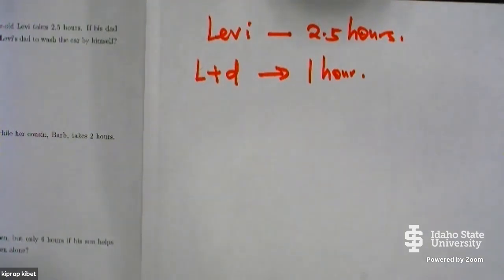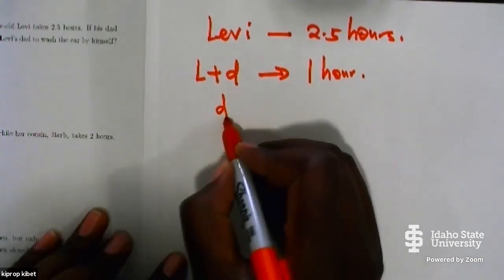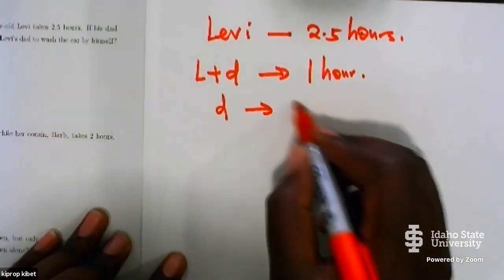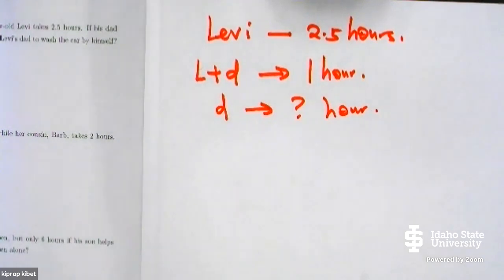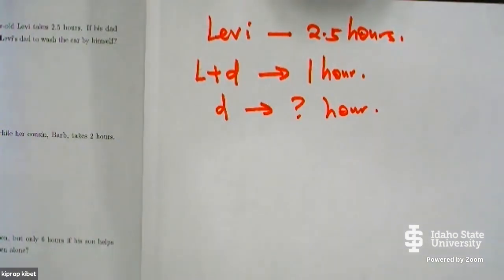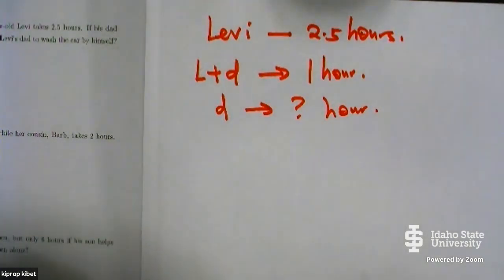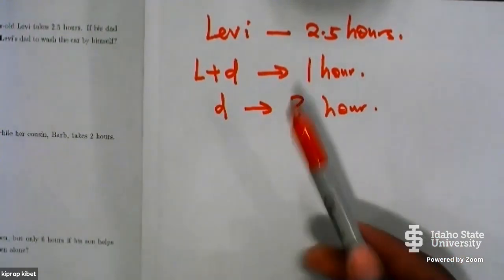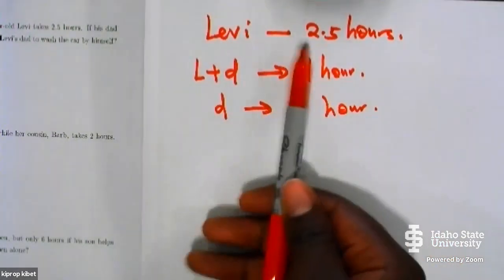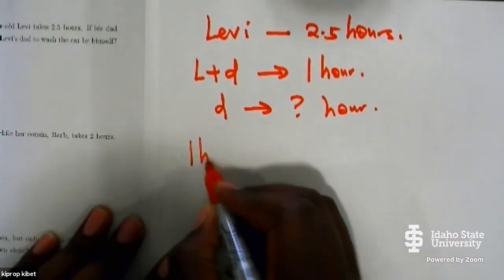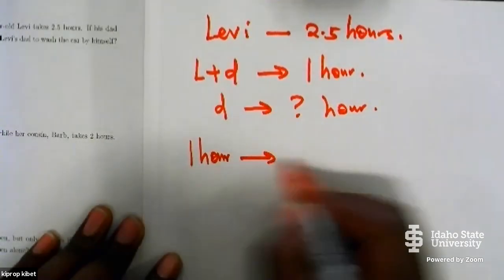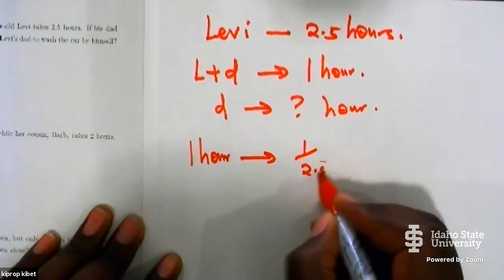So how many hours will it take the dad to wash the car? So it's similar to the first one. So for 1 hour, Levi will have done 1/2.5.